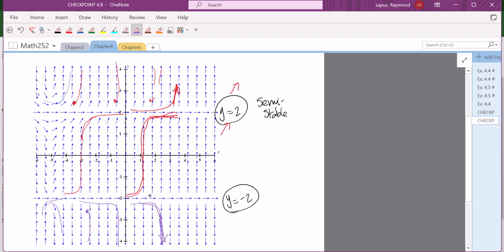So now if we look at it from above, it looks like it's going away. If we look at it from below, it looks like it's going away. So this scenario makes -2 unstable. Unstable equilibrium.